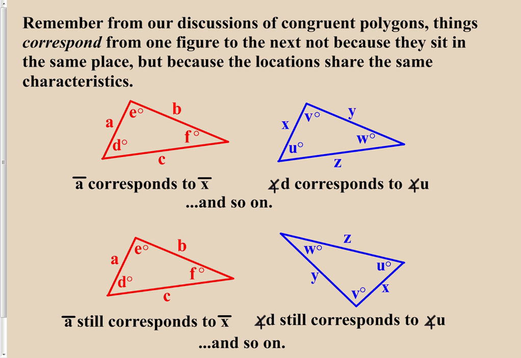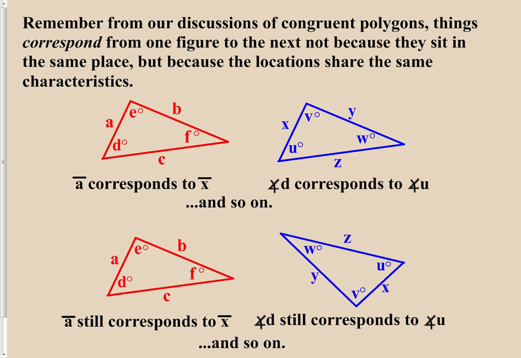So remember, we are not talking about things existing in the same place in two different figures. So do not think top corresponds to top and left corresponds to left. That's very weak-minded thinking, and it's absolutely not correct. You need to be looking for similar properties from one figure to another. For example, where is the largest side of one figure?